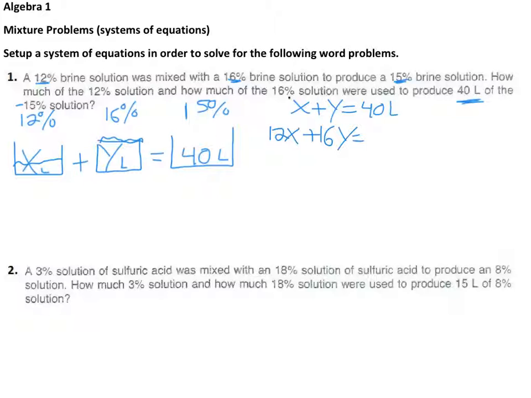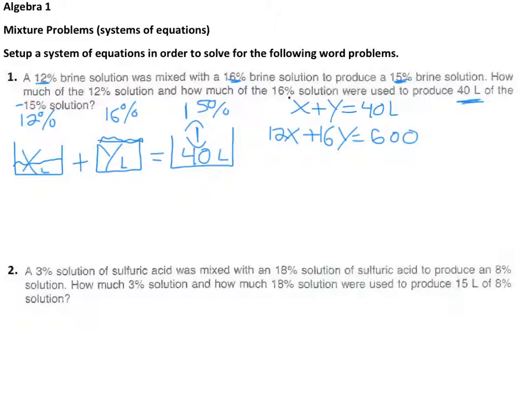When I multiply 15 times 40, that equals 600. So I'm going to make this 600. That's the hardest part right there, and usually it's getting that second equation. For the second equation, we have to multiply the percentages times the amount that we have.